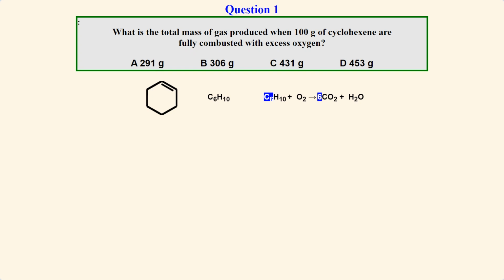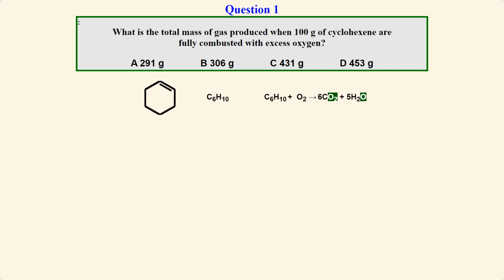Now let's look at the hydrogen. On the left we've got 10 hydrogen atoms, so we also need 10 on the right, and to achieve that we need 5 in front of the H2O, 5 times 2 being 10 for the hydrogen. Now let's look at the oxygen.